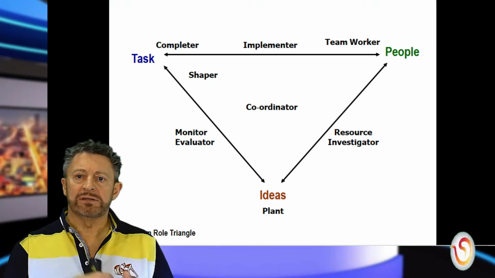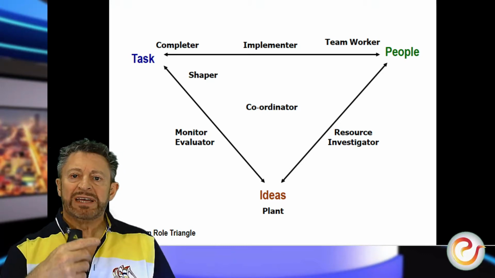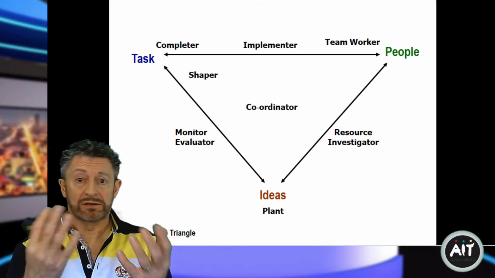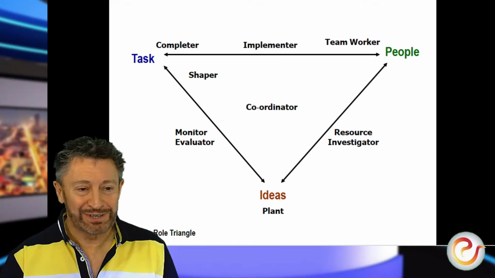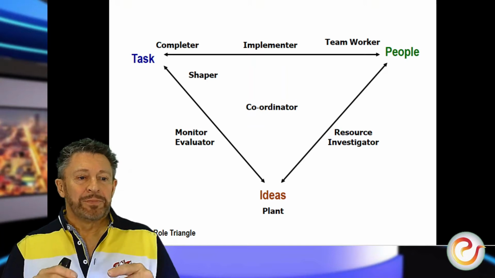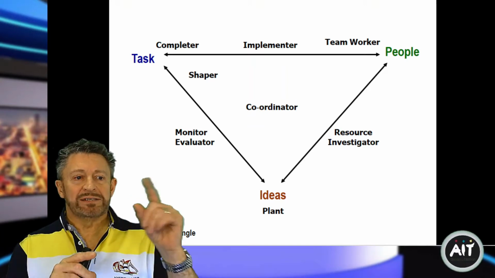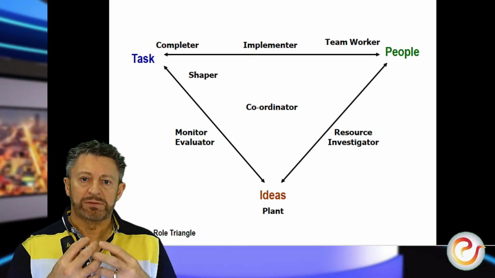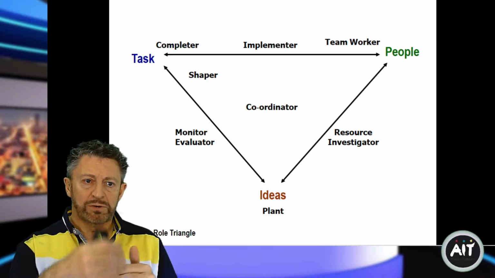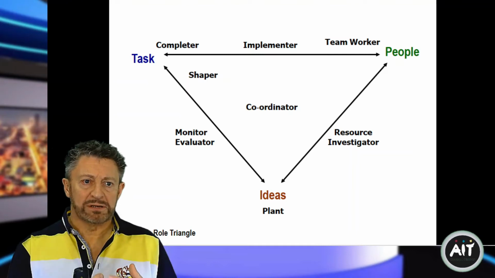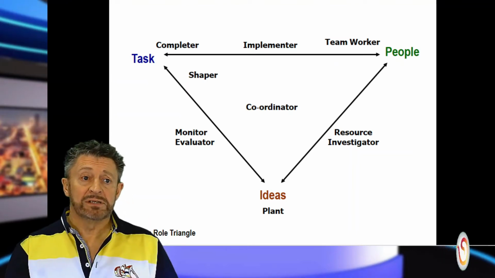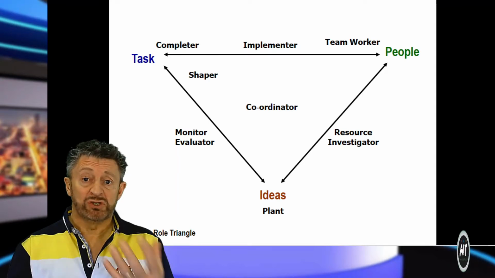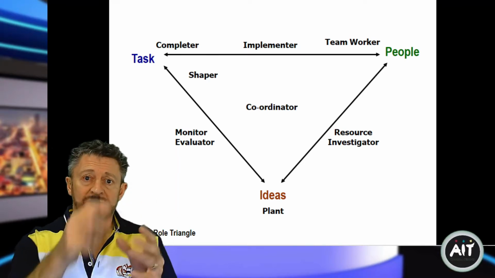And between people and the ideas, you have the resource investigator, and then you have the plant. Remember the plant person, that creative thinking, that higher intelligent person? God help us. And then between the ideas and the tasks, you have the monitor evaluator and shaper. People that get down to the nuts and bolts and see we are on track and doing what's expected of us. And in the middle of this, you have the coordinator, essentially the team leader, so to speak. It's just a role to make sure that all of these are working together.